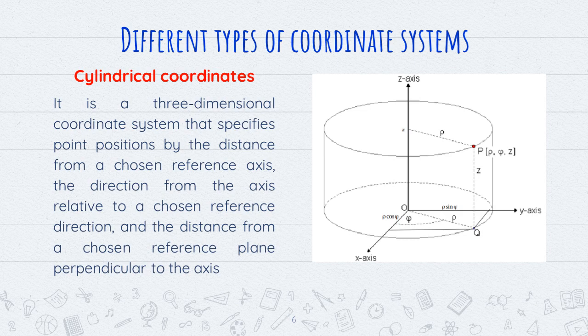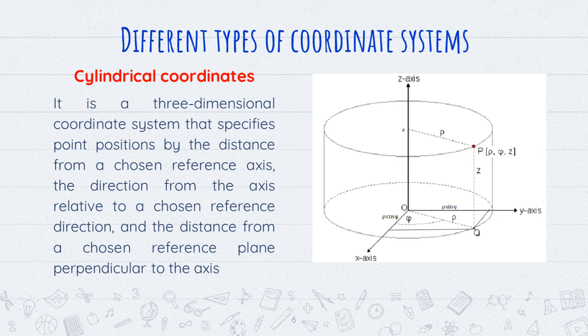But the difference is that in the Cartesian system all three surfaces are plane surfaces, whereas in the cylindrical coordinate system, one surface is a cylindrical surface and the other two are plane surfaces.